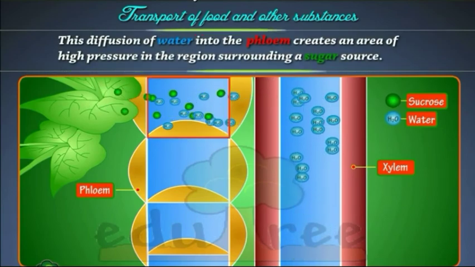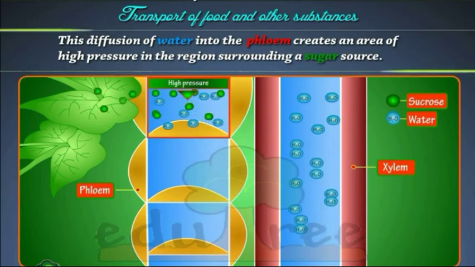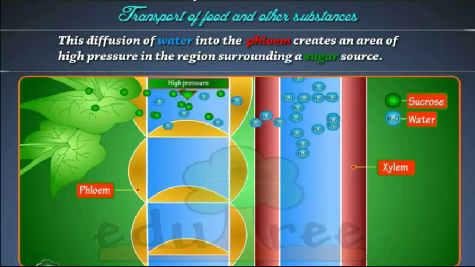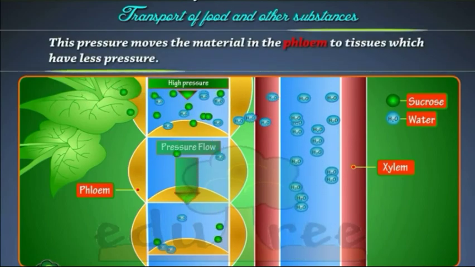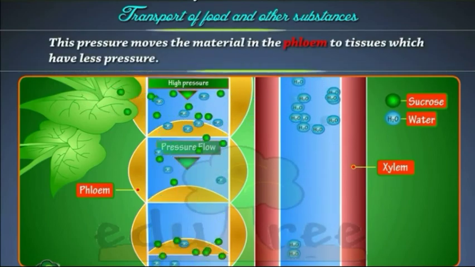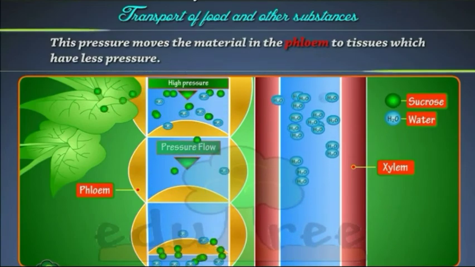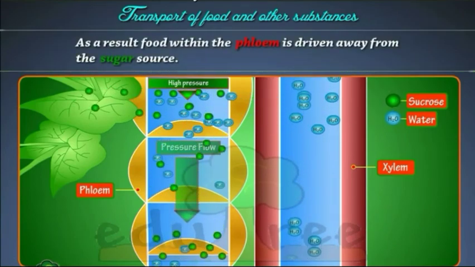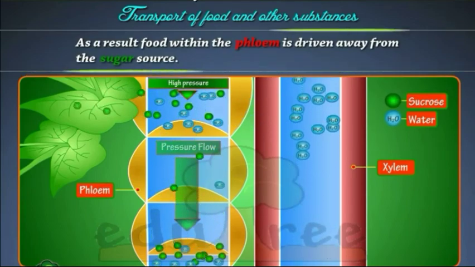This diffusion of water into the phloem creates an area of high pressure in the region surrounding a sugar source. This pressure moves the material in the phloem to tissues which have less pressure. As a result, food within the phloem is driven away from the sugar source.